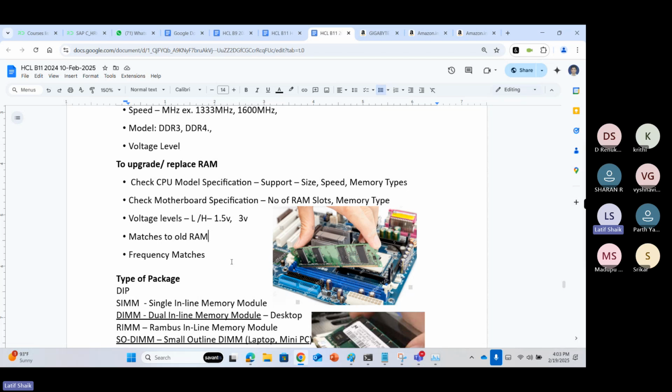Based on the CPU, check how much size it will support, speed support, and memory type support, which is also important. How much size means whether 16 GB RAM will be supported by the CPU. Okay, the maximum capacity: 16 GB, 32 GB or 8 GB size of RAM. Speed: 2666 or 3200 megahertz, or 5400 or 5500 megahertz.